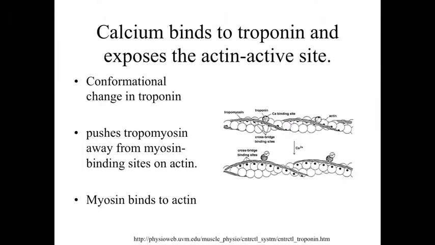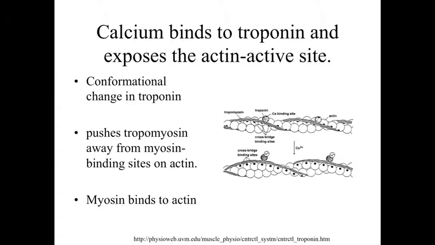Now, what happens then is that calcium is going to be released into the sarcoplasm, into the cytoplasm of the skeletal muscle cell. It's going to bind to troponin. Okay, troponin, as a calcium binding protein, is going to bind to calcium, and it's going to change its shape. By changing its shape, it's basically going to move, and when it moves, it's going to drag tropomyosin along with it.